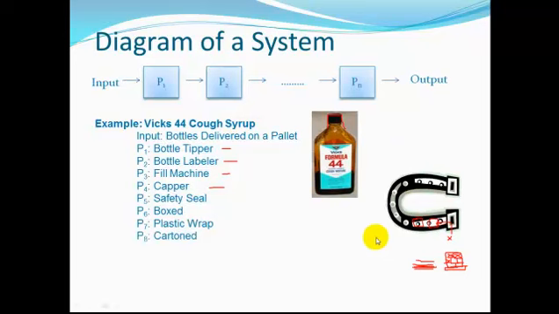So as they're working away, I started here, then the labeler was here, then the fill machine, and then maybe the capper was down here, and safety seals were added here, and then they were put in their boxes, and then they had plastic wraps, all the time just going around this horseshoe type production facility. Then there was a bunch of guys that worked here, and they took these wrapped, boxed, sealed, capped cough syrup bottles and put them in cartons.